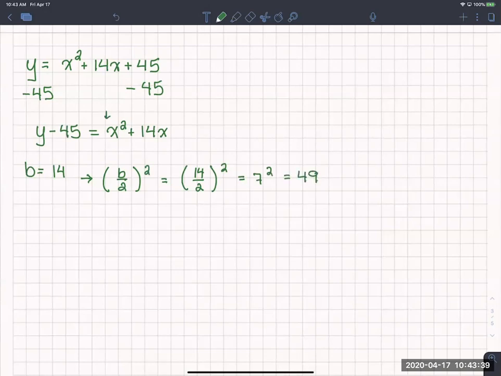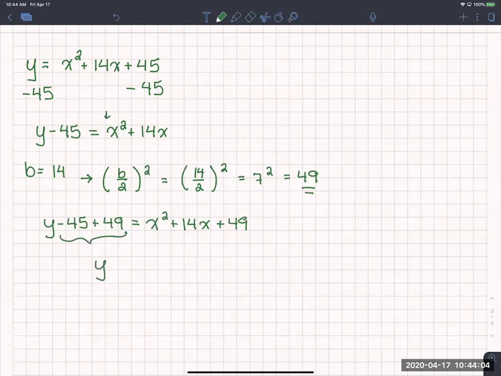Okay. Now we take this result and we're going to add it to both sides of the equation. All right. Then we're going to combine like terms on the left side.